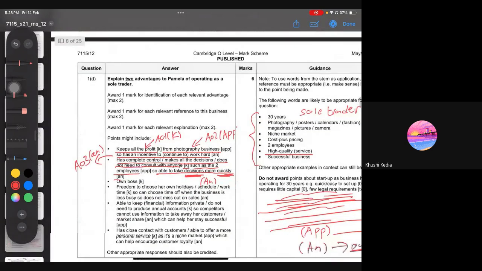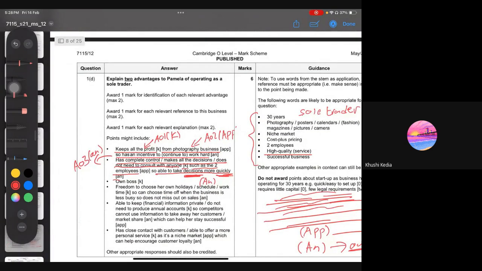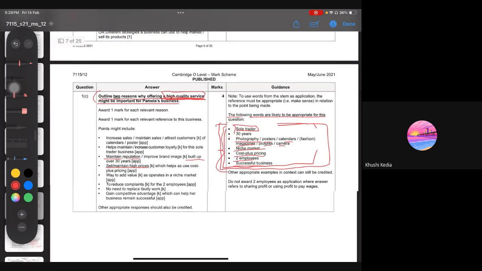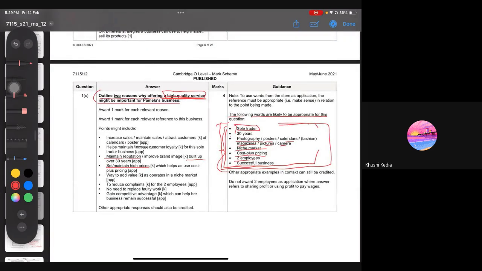Let's say this question here, now there is nothing written about a sole trader. Can we add an application of a sole trader? No. Why? Because it was already given in the question. So anything which is written in the question and is also part of the case study cannot be added as application in your answer, right?